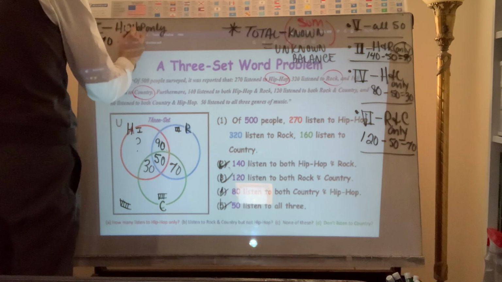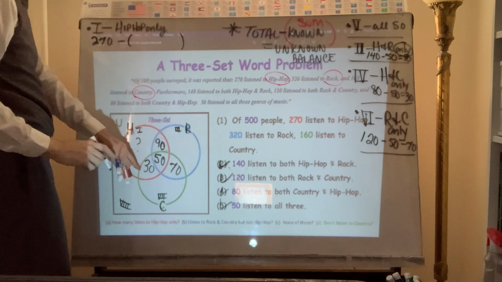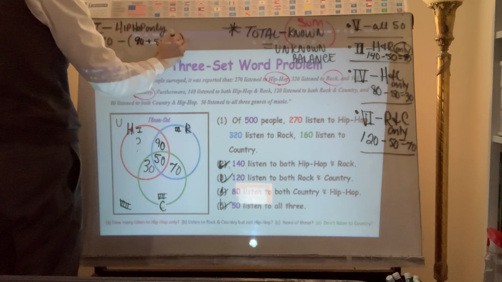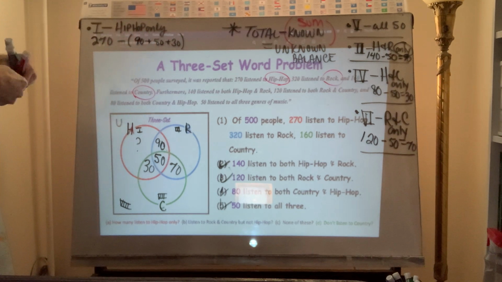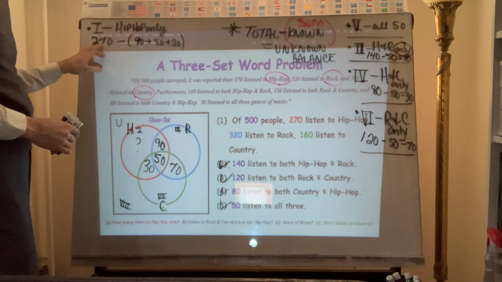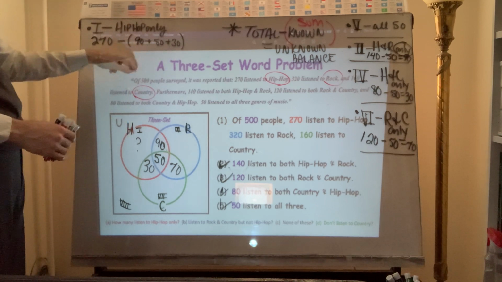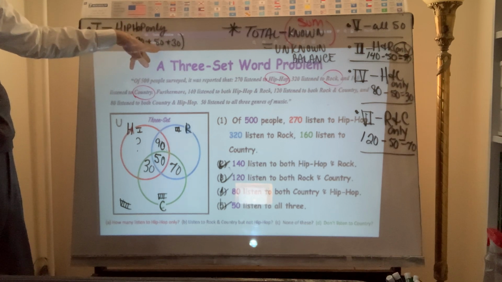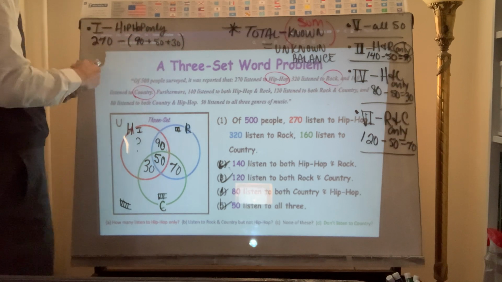270 minus, and I'm going to have to put this in parentheses for the sake of the sum, 90, 50, and 30. You really should add those first. This is essentially 270 minus a certain amount that is all of this combined. 90 plus 50 is 140. 140 plus 30 is 170.